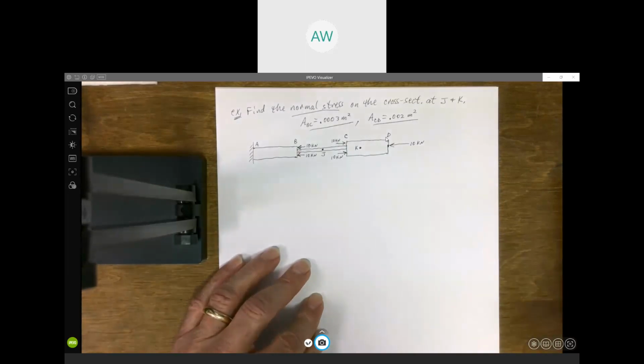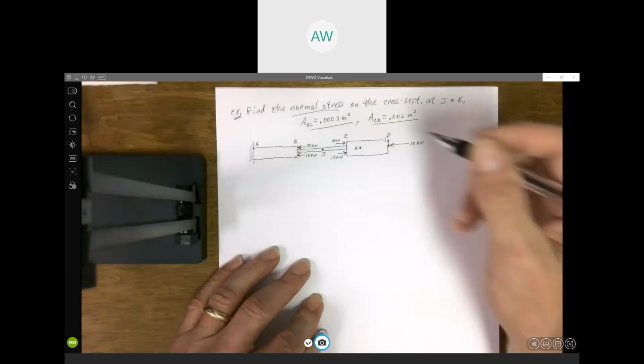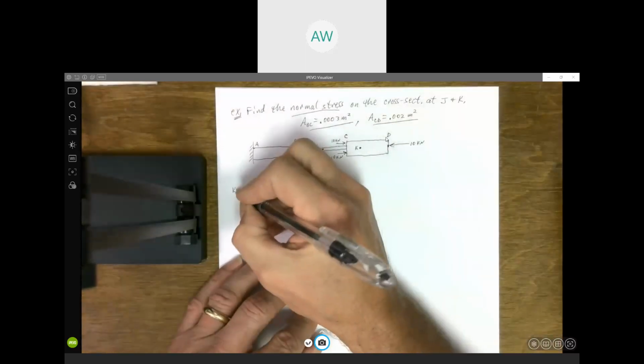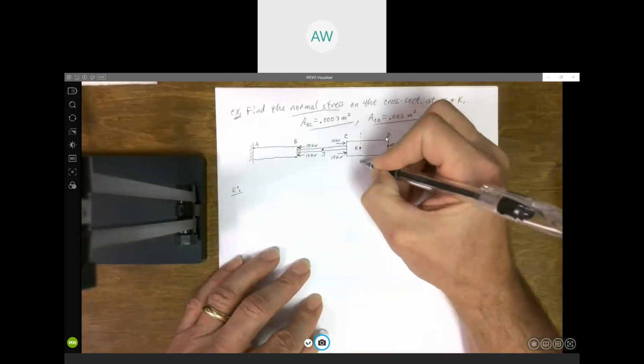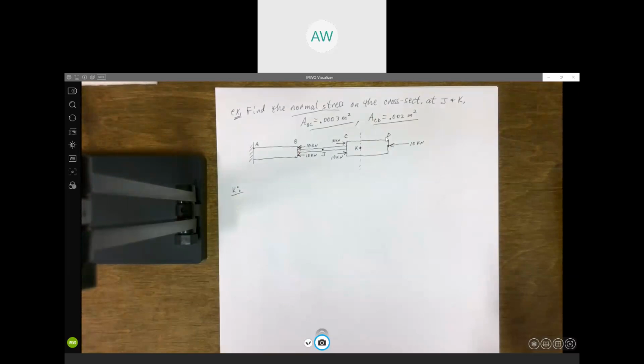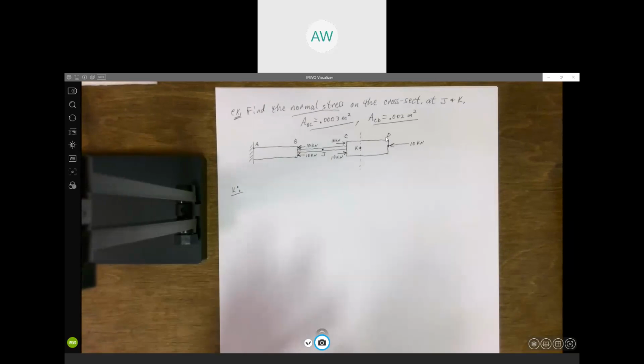So we're going to find that internal normal force just like we did yesterday. Let's do K first. We're going to look at this section here at K. We're going to cut it in half at K and determine the normal axial force acting on the cross section at K. Now, this one is almost simple enough that you should just be able to look at this and tell.